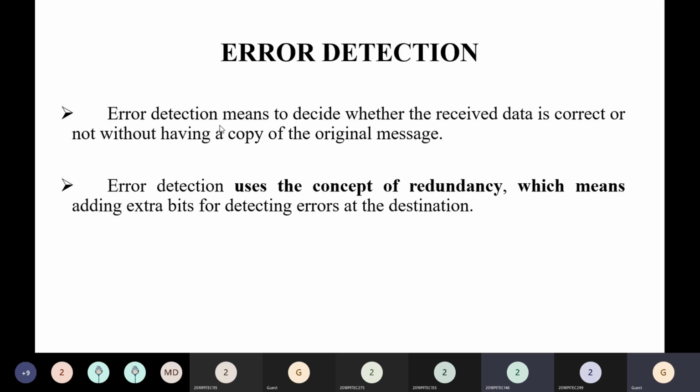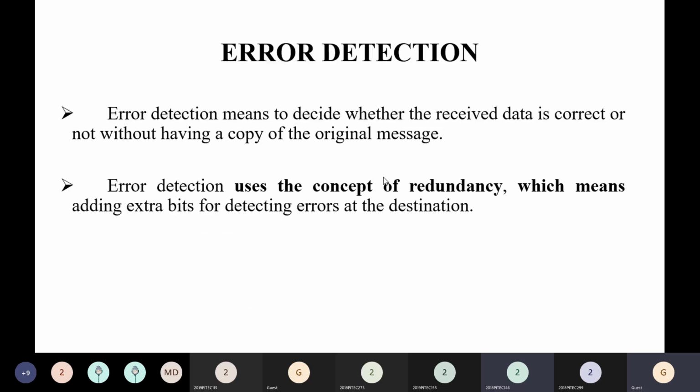So error detection means you have to decide whether the received data is correct, without having a situation to retransmit a copy of the original message. So you need to detect errors, what are the amount of errors in that particular case.